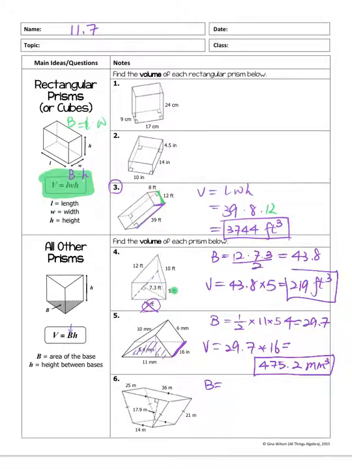If you figure out which one is the base, because there are several heights we can use here, I would suggest that everybody look at the front, because if you look at this shape, you've got everything you need to calculate the area for this shape. Then you can simply multiply by the height of that trapezoid prism. Then you'll get the volume.